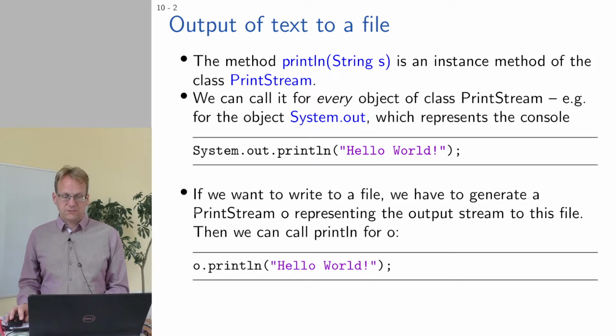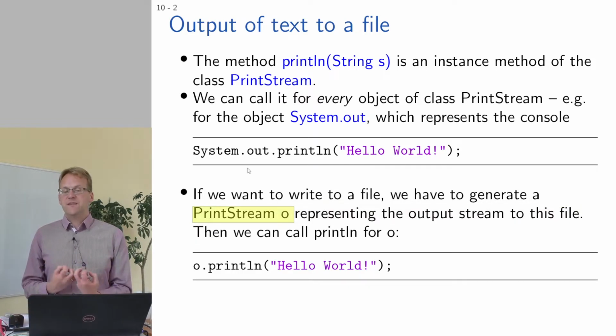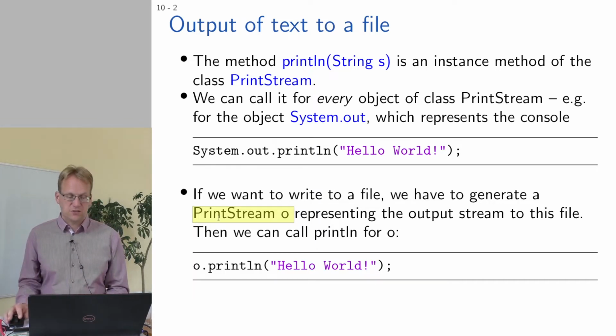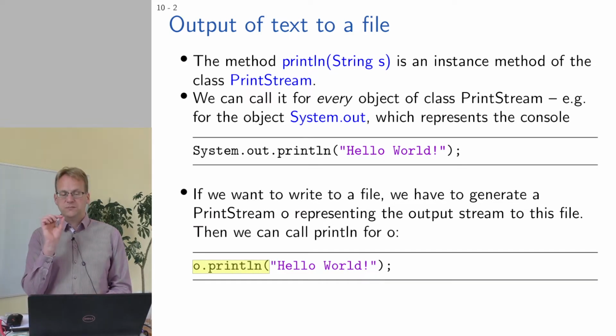We could create a PrintStream o representing the output stream to a file, and then all we need is to call o.println("hello world"). So dear print stream o, please print this text. And if it's a print stream representing the output stream to a file, it will write this text to the corresponding file.